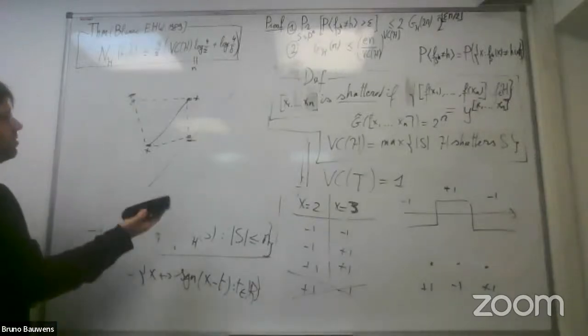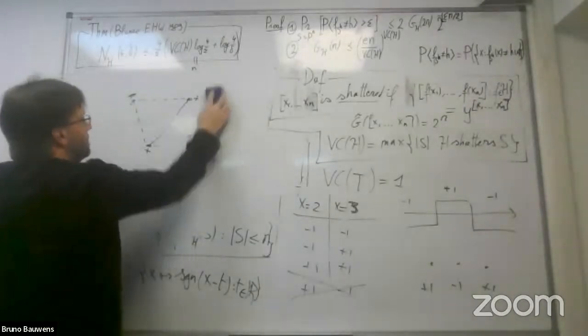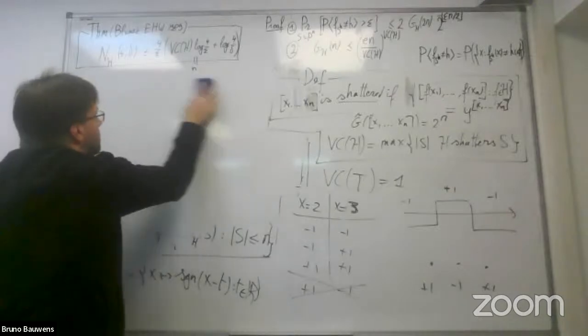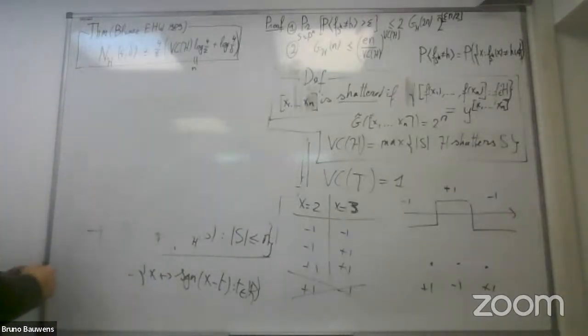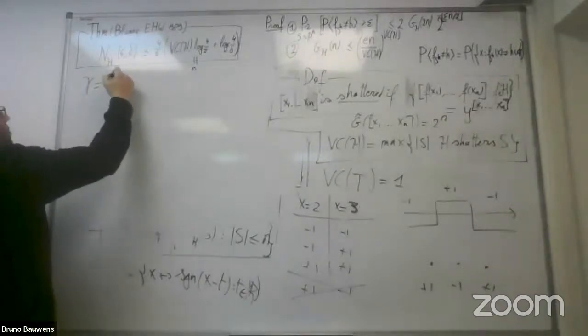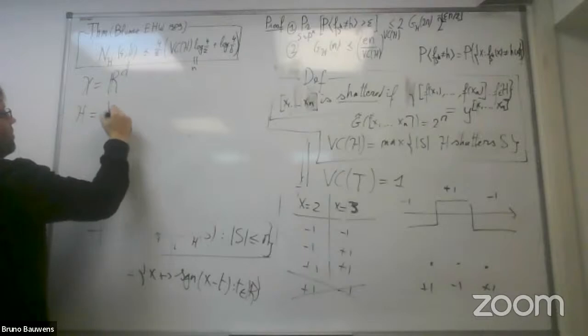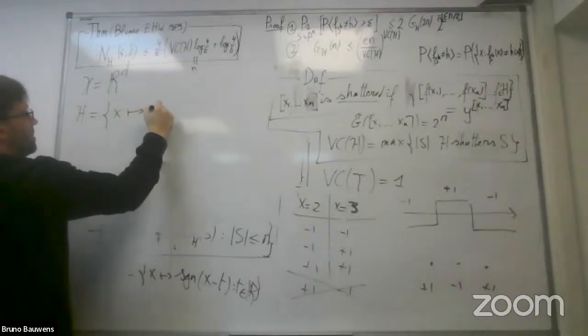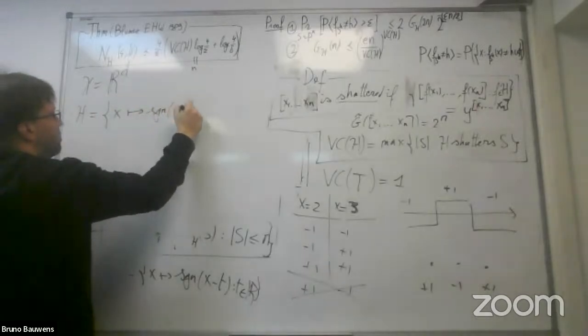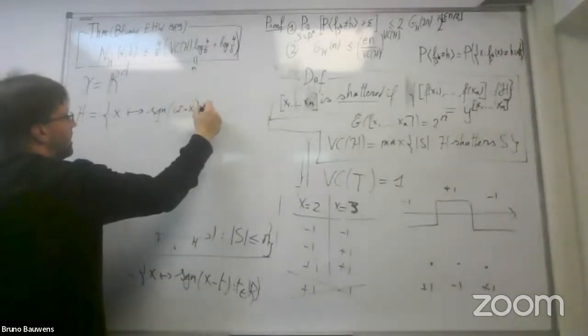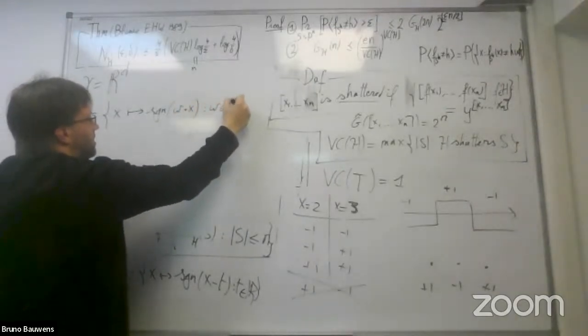So now let's go to homogeneous half spaces in d dimensions. So now X is equal to R^d, and H is equal to all functions of the form sign of w dot product x, where w is also in R^d.